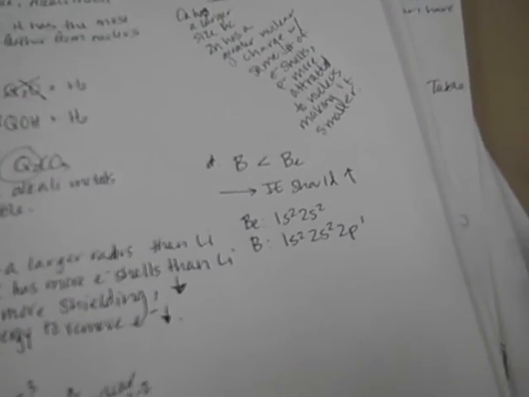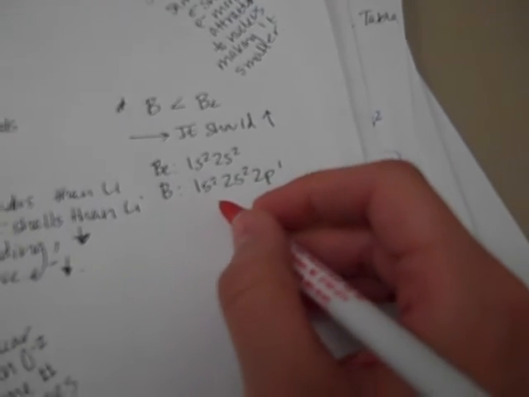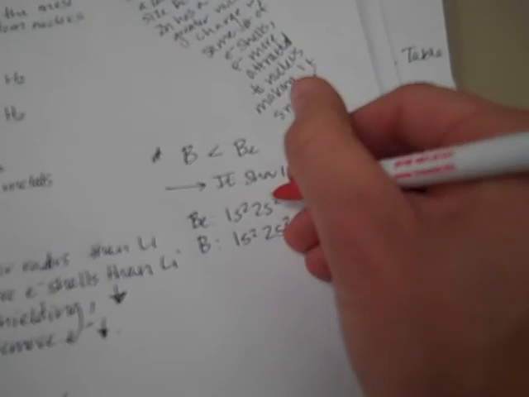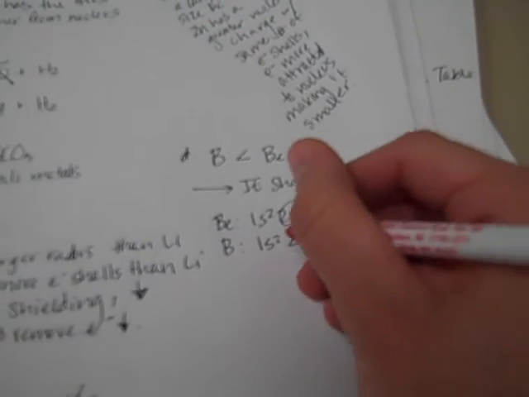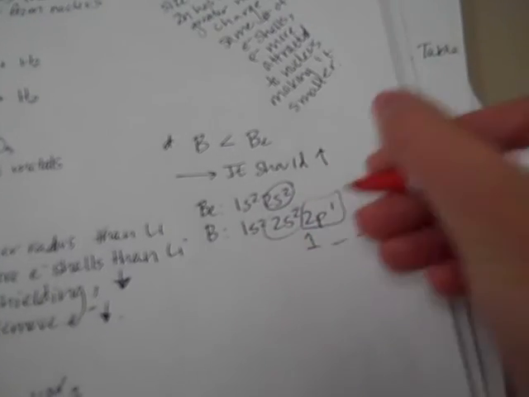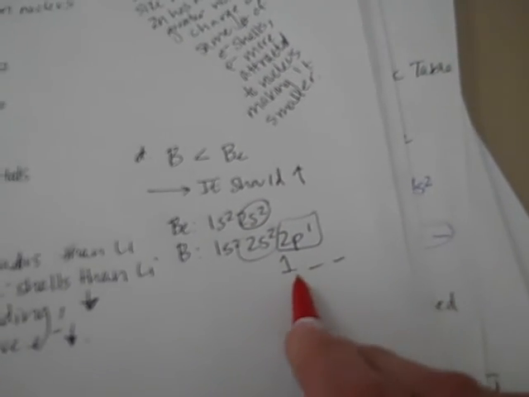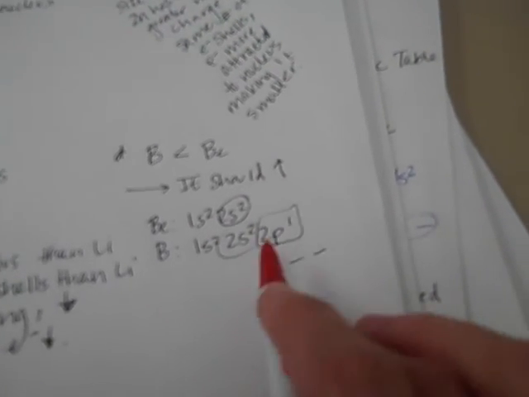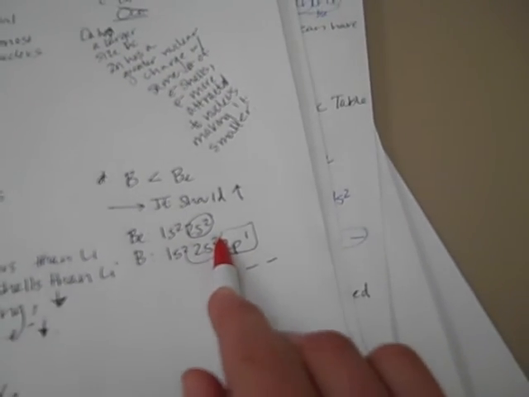So normally B would have a higher ionization energy, but if you look at your choices, see how Be has a full 2s sublevel? Boron also has a full 2s sublevel, but it also has just 1 p electron. This 1p electron is going to be able to be removed easier than removing from a full sublevel. So you could say something like that.